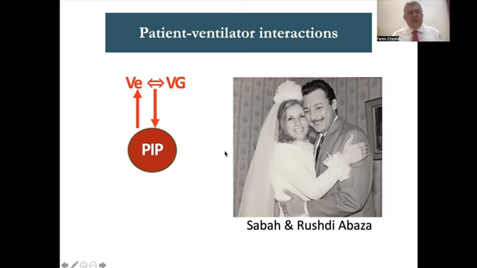The relation between the expired volume and the PIP is like the love story between Sabah, the Lebanese singer, and Rushdie Abaza. The PIP orders the expired volume, and then the expired volume is compared with the volume guarantee. If it is equal to the volume guarantee, the PIP remains the same.